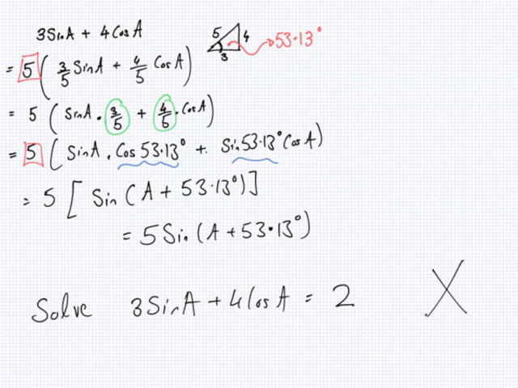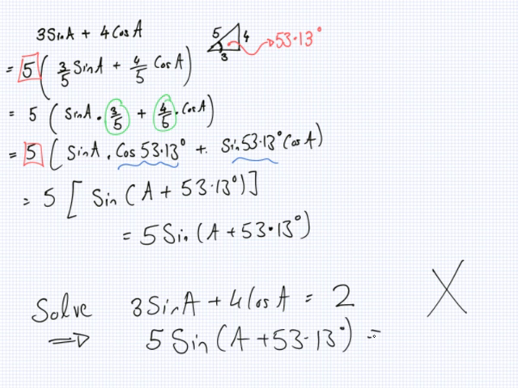Until today there was no way to solve that, because if you divide by cos, you get a tan here but a secant there. However, if you change this into 5 sine of A plus 53.13 degrees equals 2, now you can solve it.